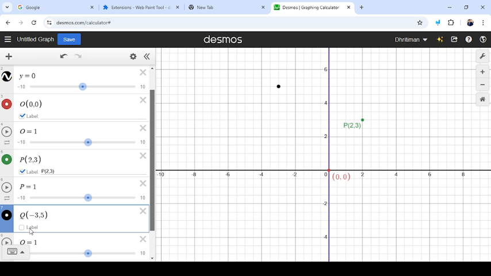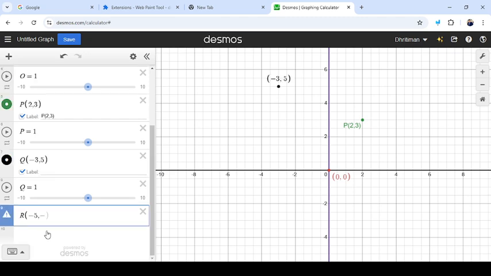Now in the third quadrant, say my point is -5, -2. This is a point in the third quadrant.